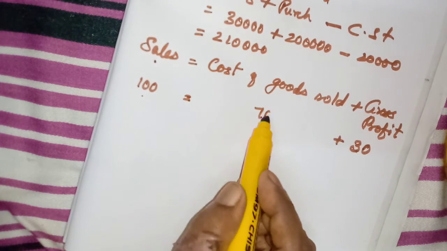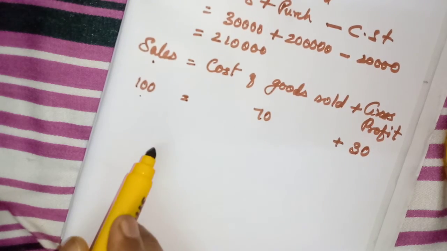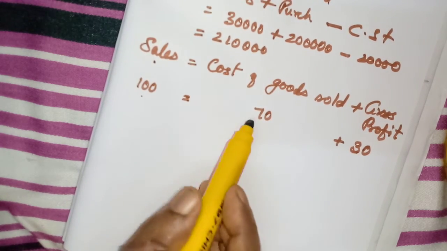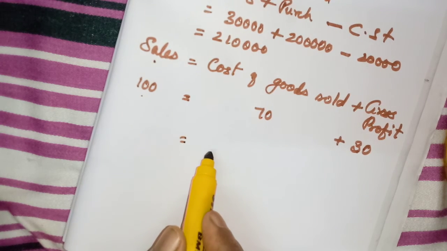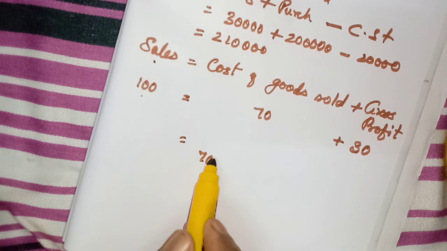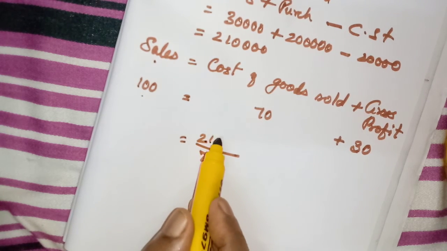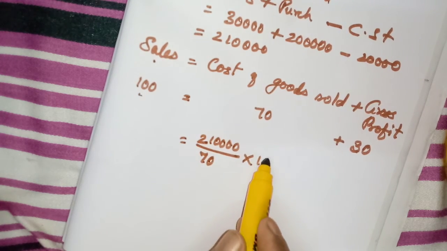So how much is this one? Only 70. Then only we will get 100, isn't it? So now this cost of goods sold we know, isn't it? So this 70 is how much? 2,10,000.